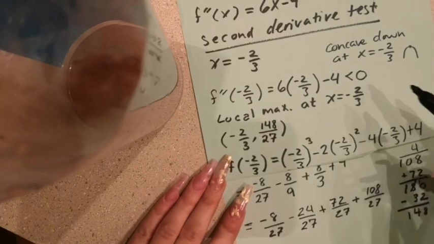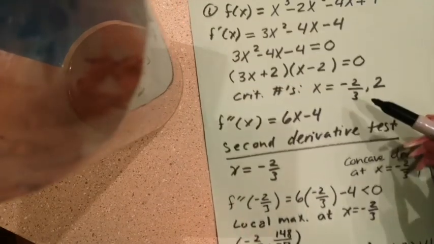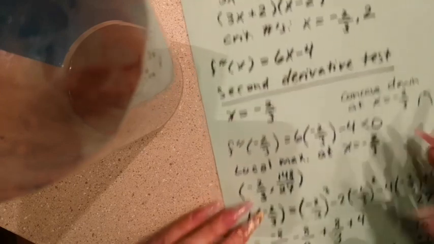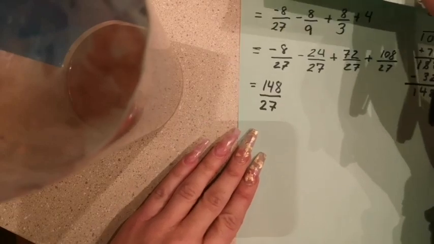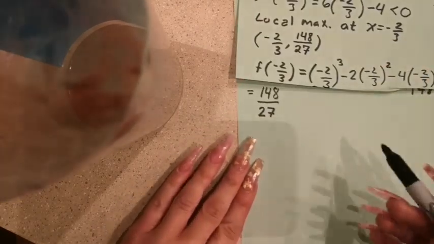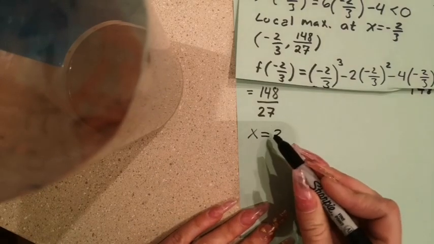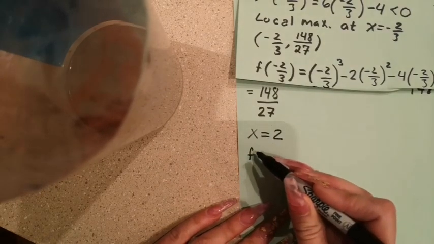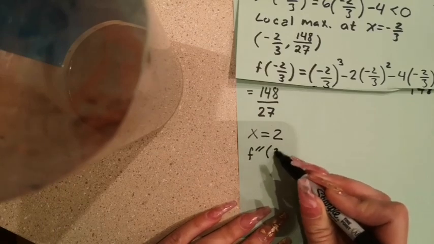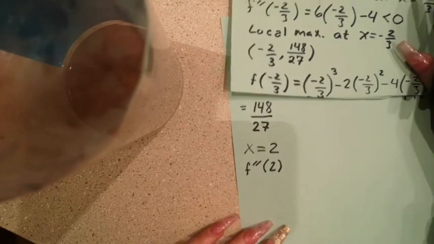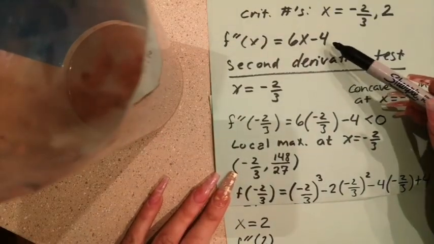So now let me look at where was the other critical number? Back here, 2. So now I'm going to look at x equals 2. What is the second derivative evaluated at 2? Our second derivative was 6x minus 4.